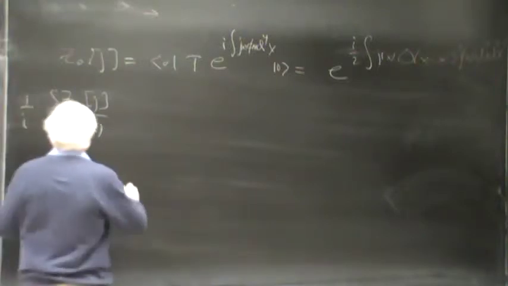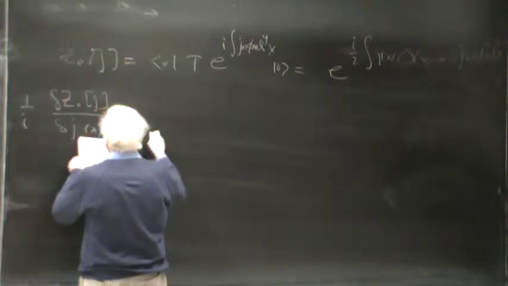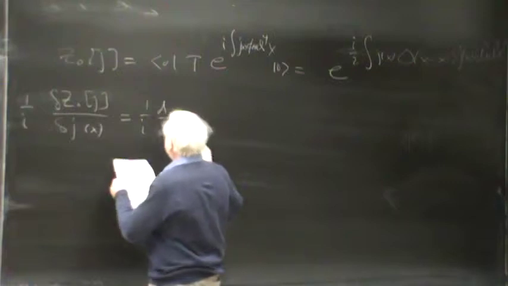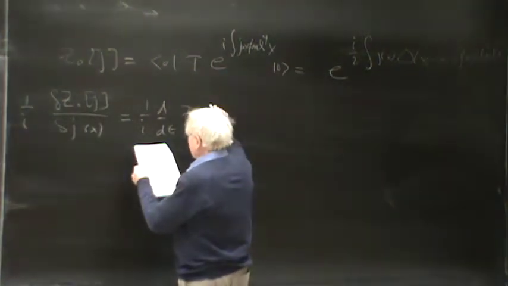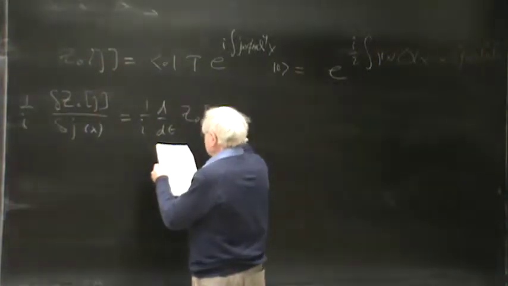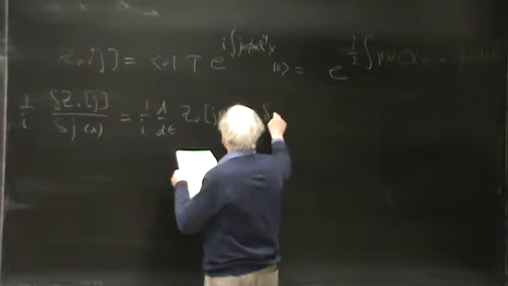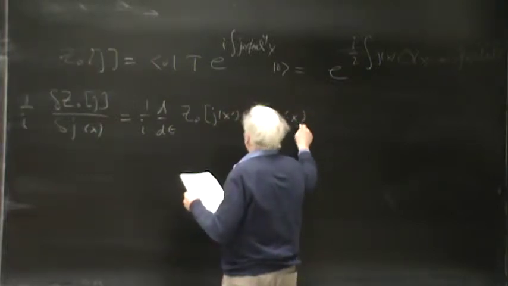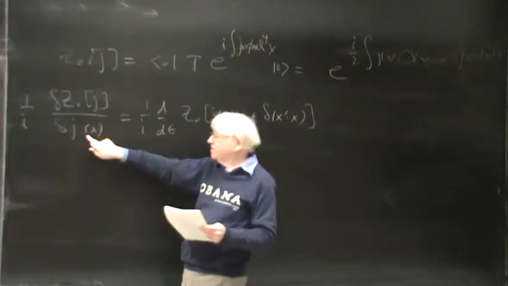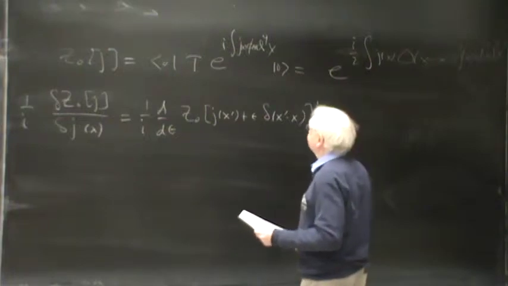What we're actually saying here is 1 over i d by d epsilon of Z0, where now if I write this function explicitly, it's j of x prime plus epsilon delta of x prime minus x. That's what we mean by this variational derivative. And then we set epsilon equals 0.